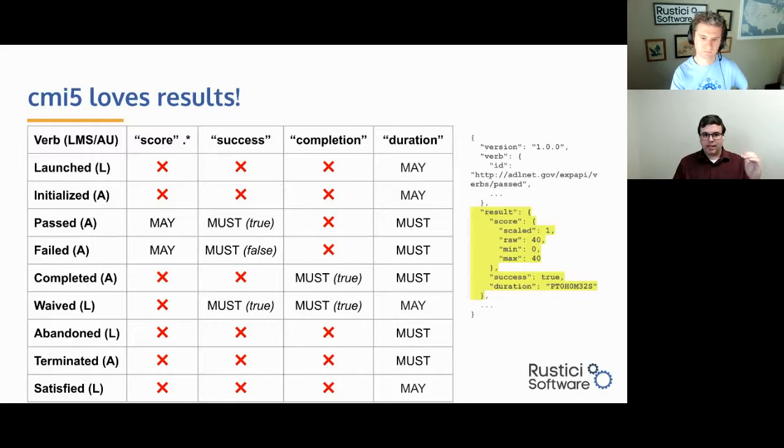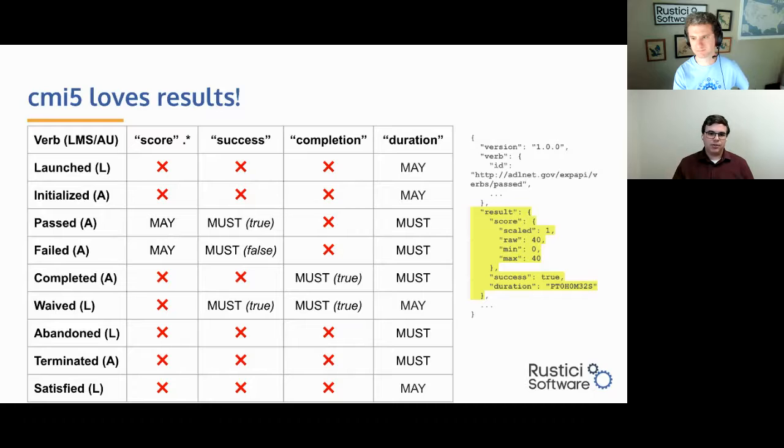So you can see that we have a lot of very tight control over exactly what goes in this result block that's here on the right and highlighted. This is an xAPI statement where we trimmed out all of the stuff that's not critical for the purpose of this slide. So you've got results, scores, scaled, raw, min, max, just like SCORM 2004. A lot of stuff carried forward in this result block from what you know about SCORM.